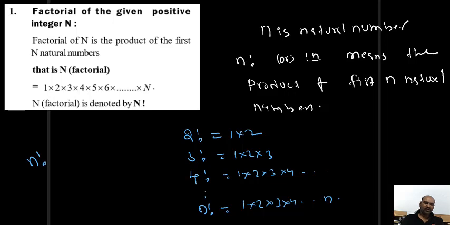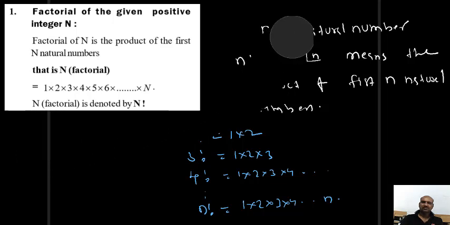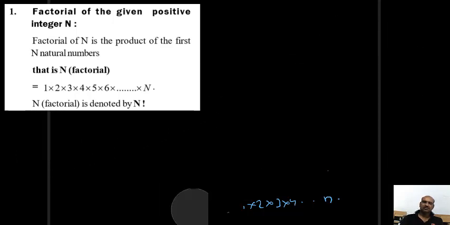We read this as n factorial, or you can read it as factorial n. One thing, very, very important.